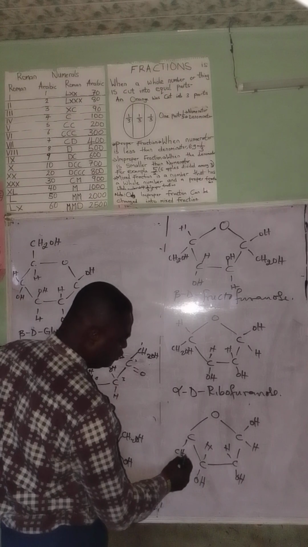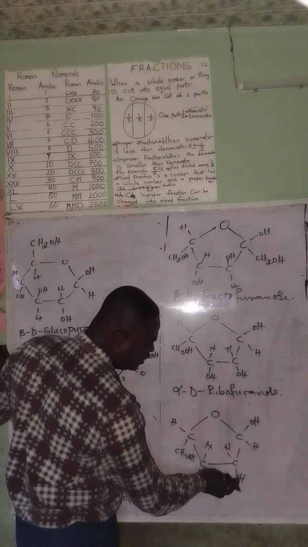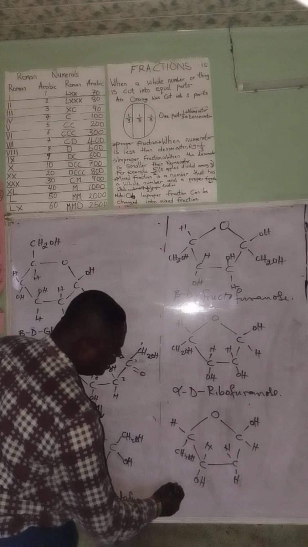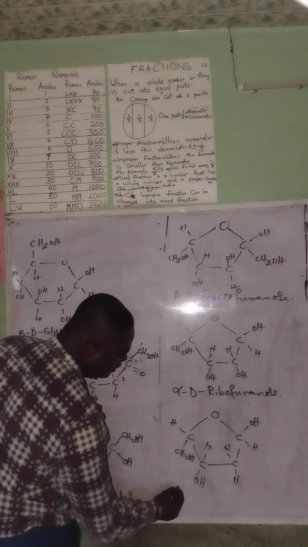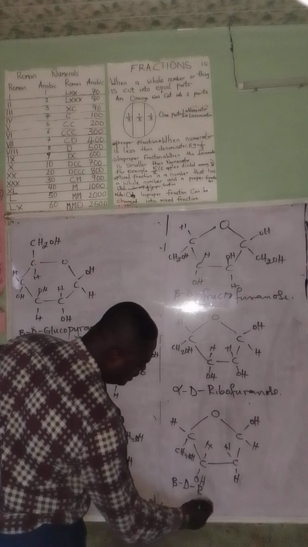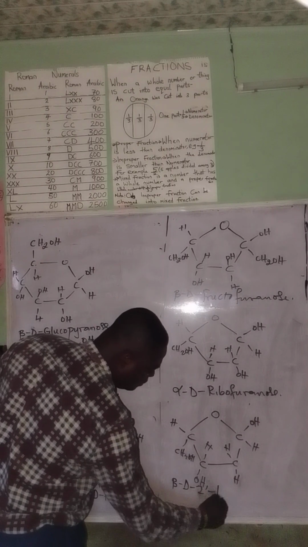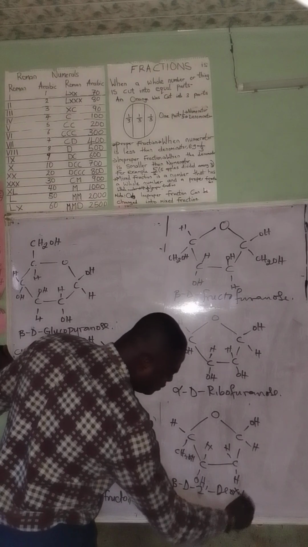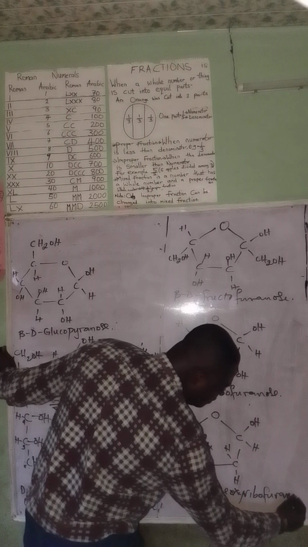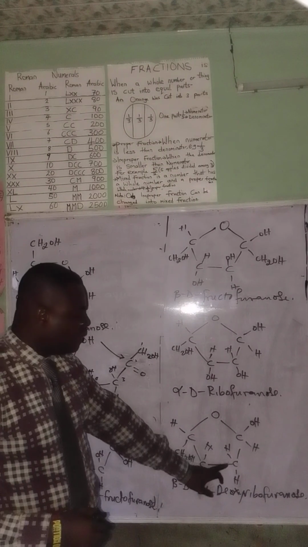Then I have CH2OH here and I have H here. I can remove the oxygen here so that it will not be hydrogen, hydrogen. And if H comes out, that's a beta D 2' deoxyribofuranose. Now, this one is present in DNA at carbon number 2.